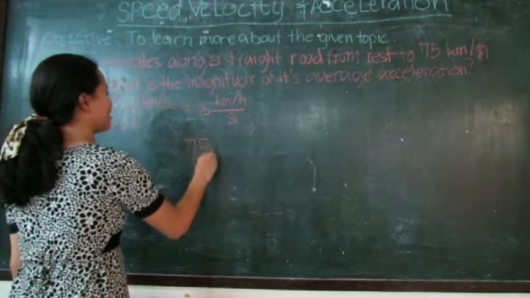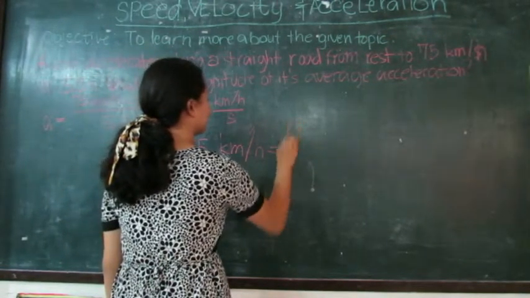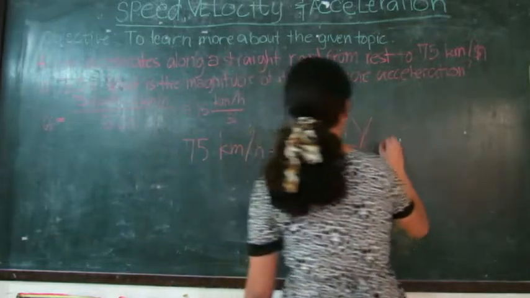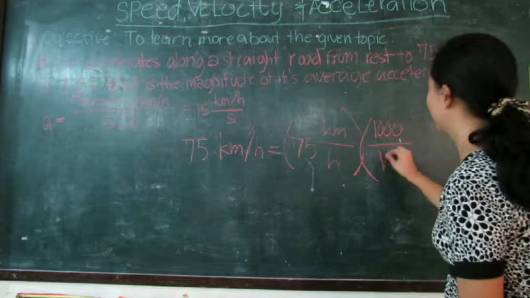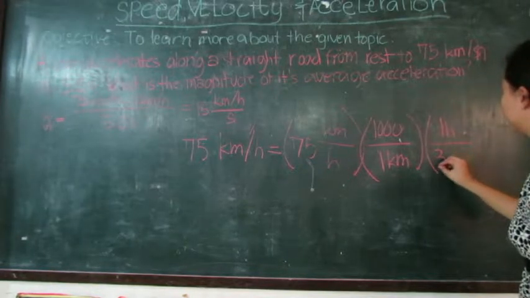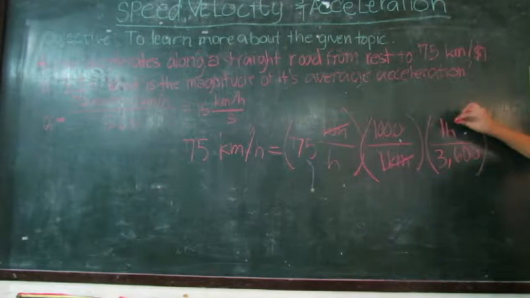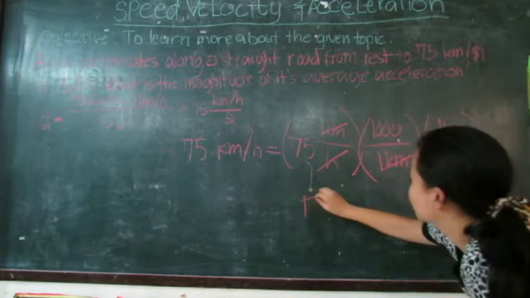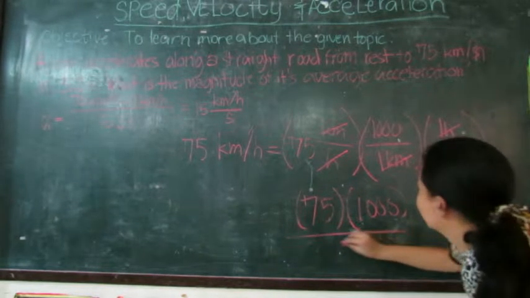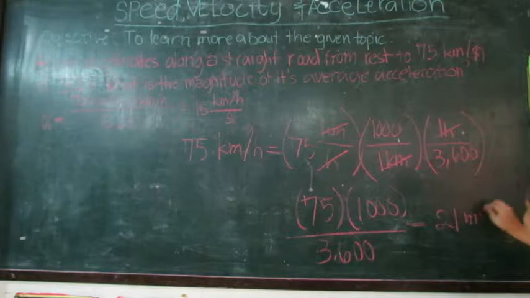So to change 75 kilometers per hour into meters per second, that leaves us with 75 multiplied by 1,000 all over 3,600, which is equal to 21 meters per second.